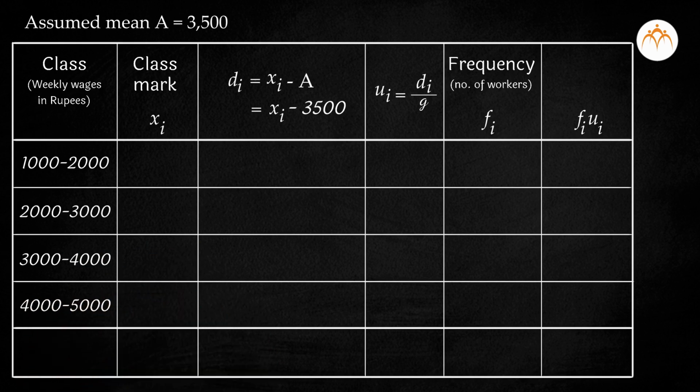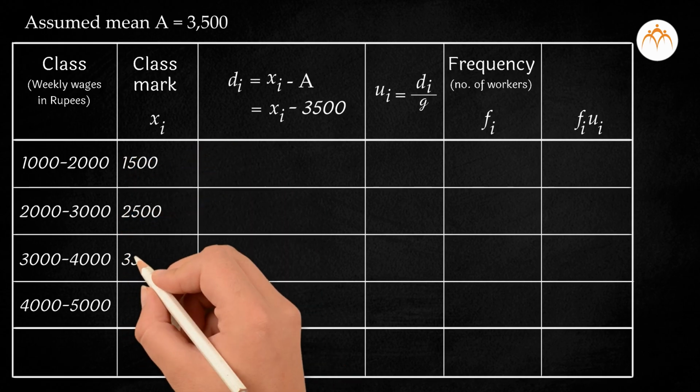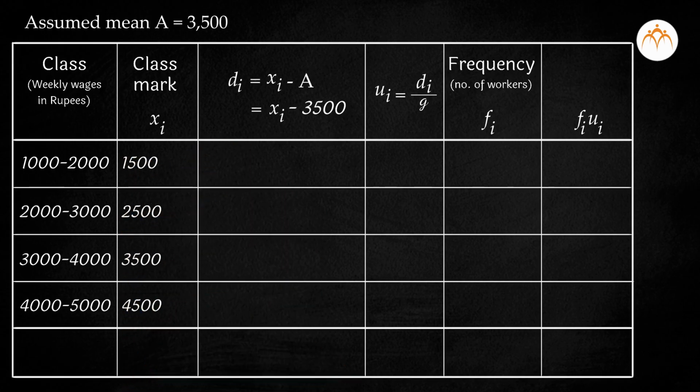Let's write down the corresponding class mark values. 1500, 2500, 3500, 4500.